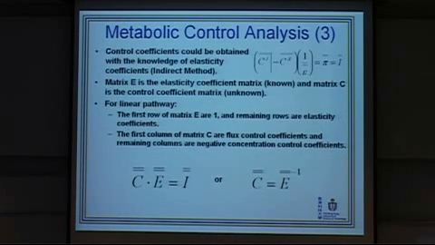At the end of the day, what happens is that basically the information that is known is put into one matrix, and the information that is not known is put into another, and the relationship is such that we can solve the matrix to find the information that we want, which is generally the flux control coefficients.